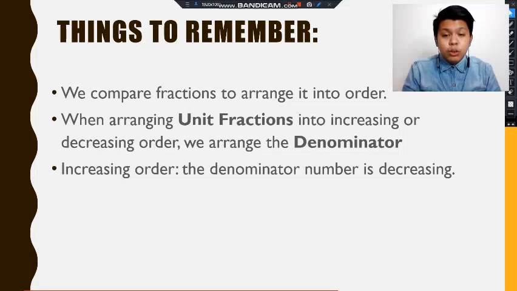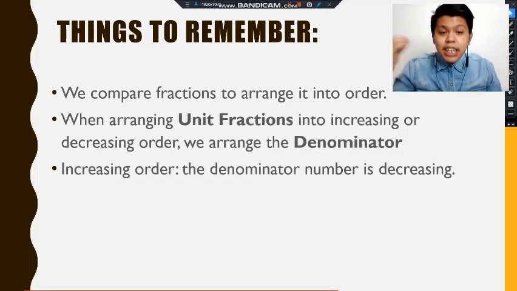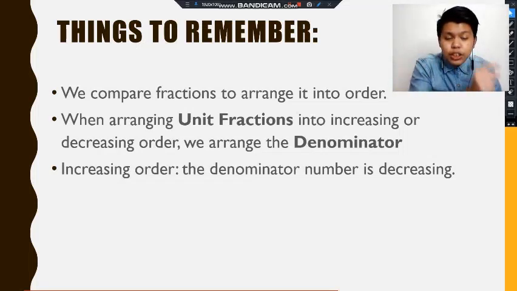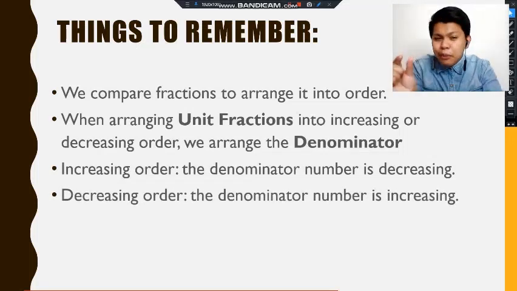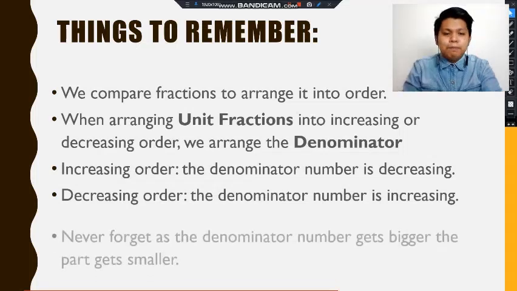Now, increasing order, the denominator is decreasing. So, increasing, but look at the denominator, the number from big going to the small number. And decreasing order from the small number going to the big number.